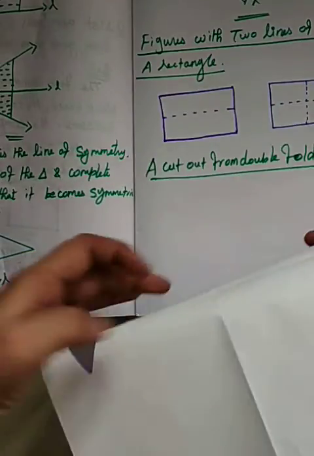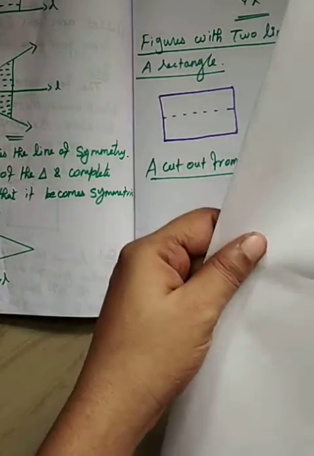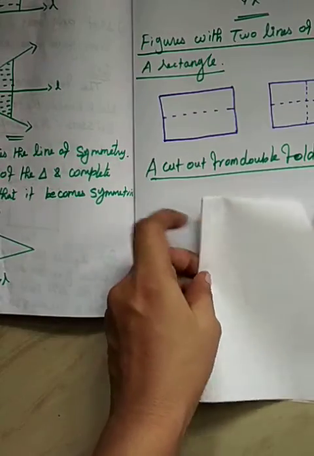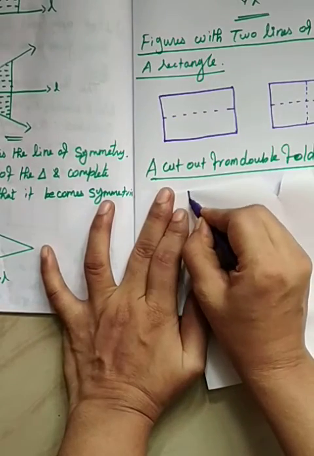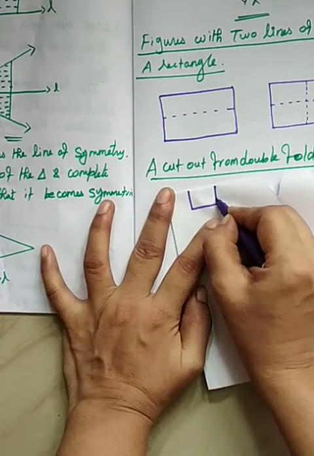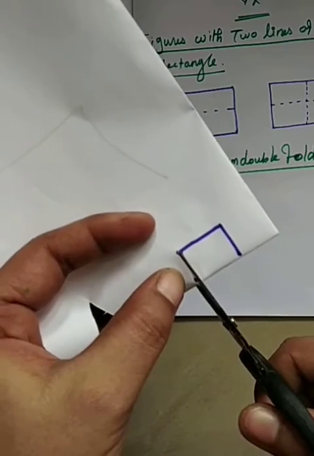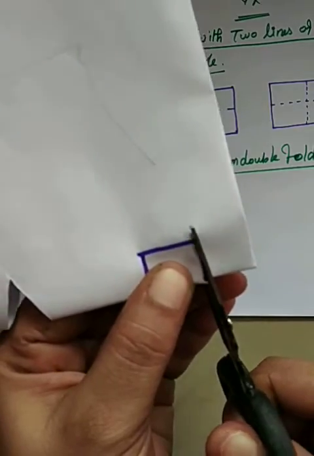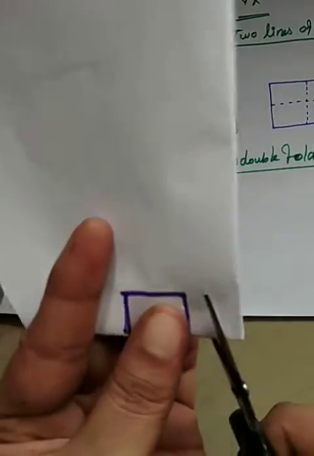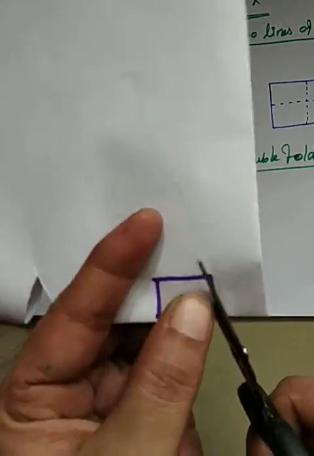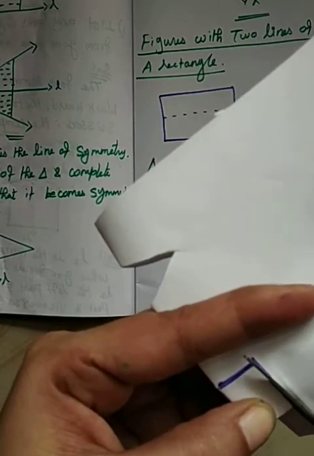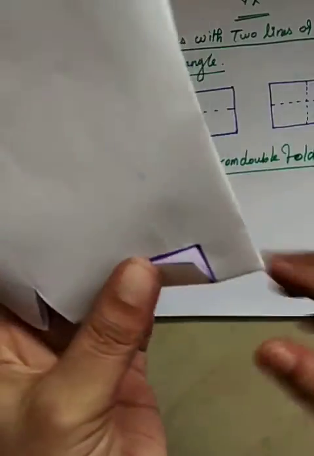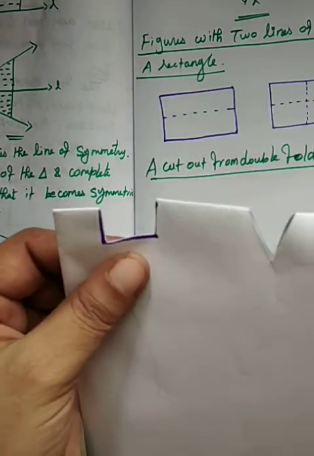Okay, suppose you have to take another shape. See here, I have to cut in this shape, means what will you get? See in this one, see now.